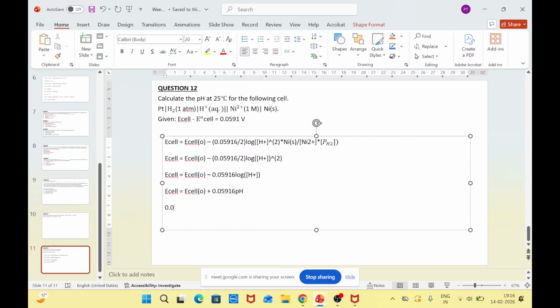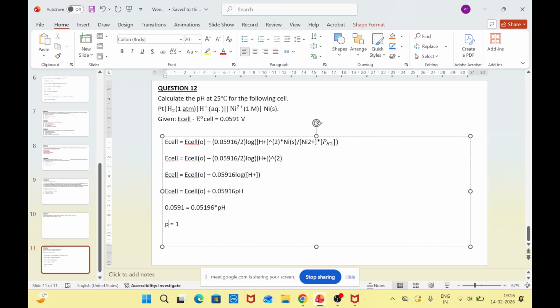So 0.0591 equals 0.05916 pH. If you divide, your pH will be approximately equal to 1.